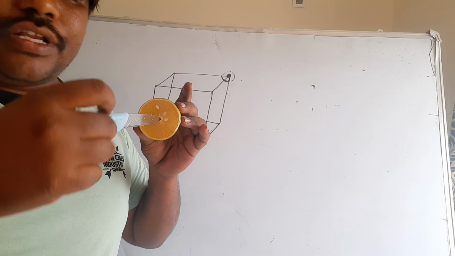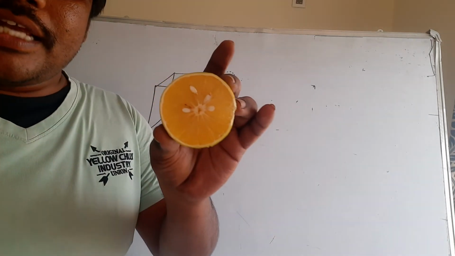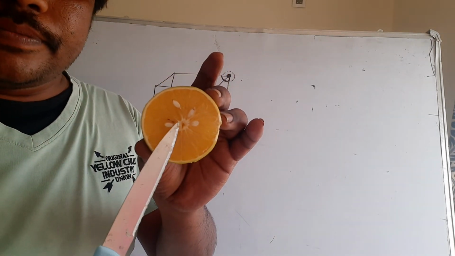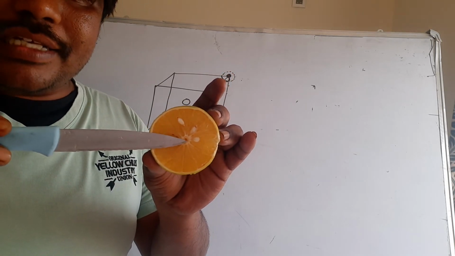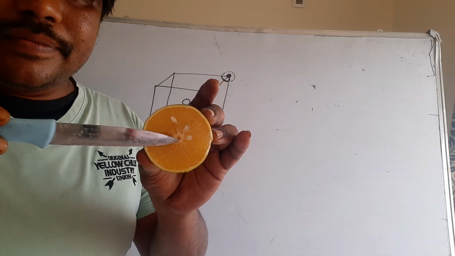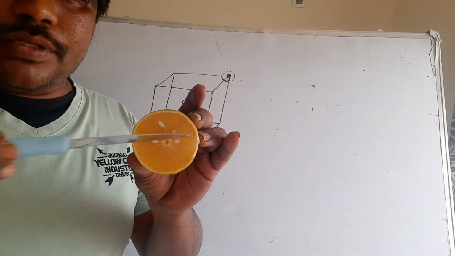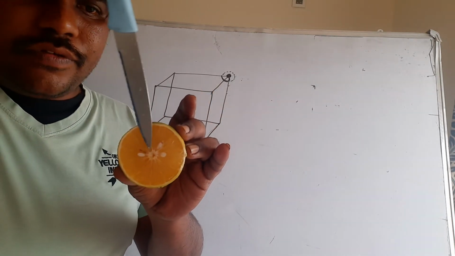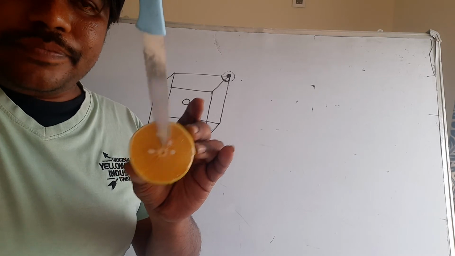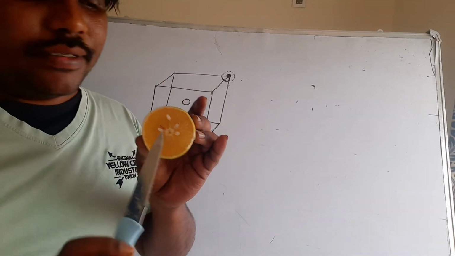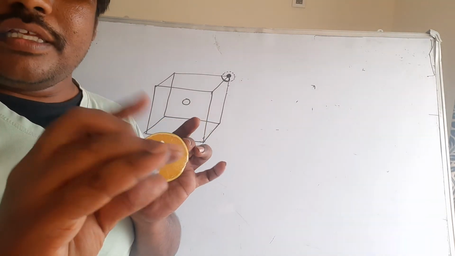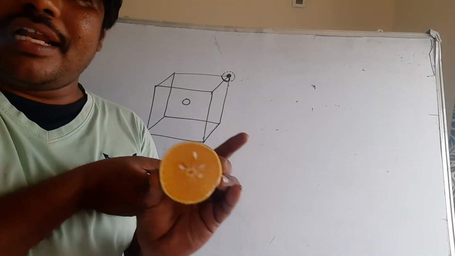Clear? From this side, one edge contacts this center. From the opposite side, another edge comes. From this direction, another edge comes, and from this direction another edge comes to contact the center. This is another edge and this one is another edge.